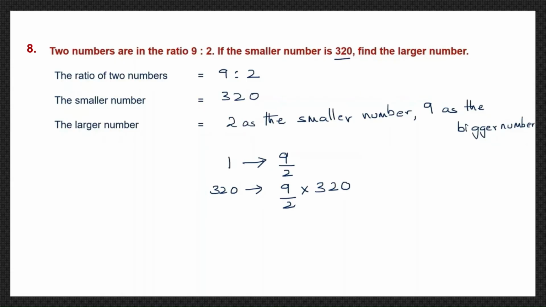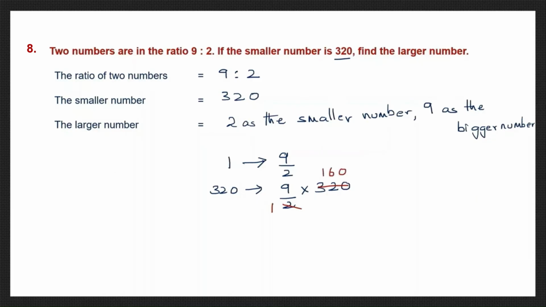So this one, let's work out. We can cancel 2 and 320 both by 2. 2 ones are 2. Now 320 is divisible by 2. Let's divide it here and see. 320, let's divide it by 2. 2 ones are 2, minus, this is 1. I bring down 2, it becomes 12. 2 sixes are 12. Then I bring down the next 0. 2 zeros are 0. So I have divided it by 2 and I got 160.